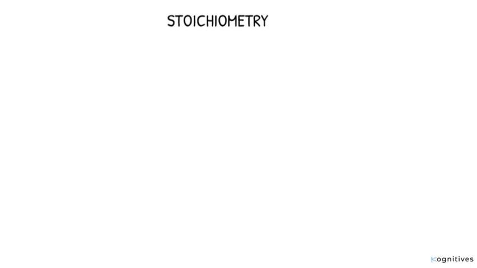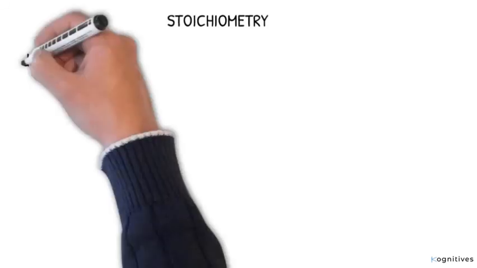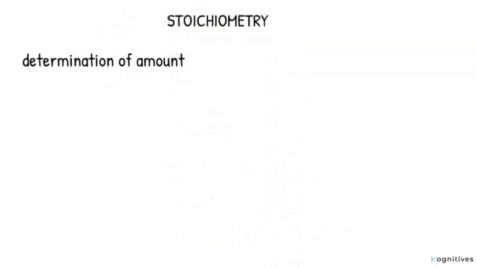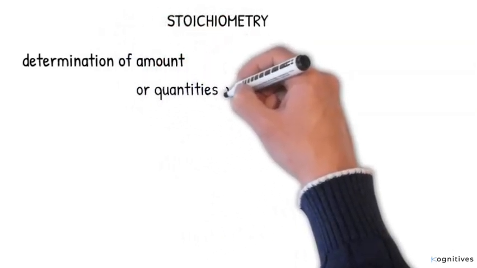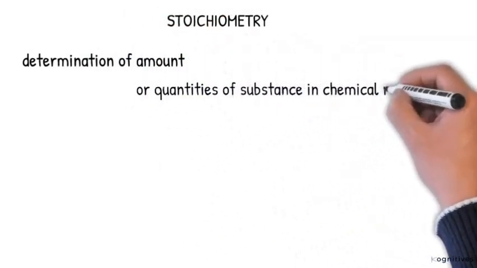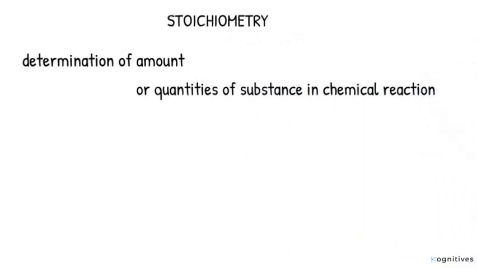Stoichiometry simply deals with the determination of amounts or quantities of substances in chemical reactions. Since the unit of amount is mole, a good understanding of the mole concept will prove to be helpful.